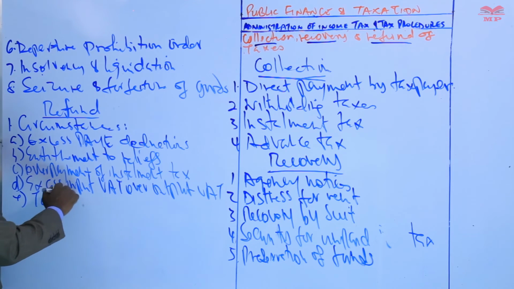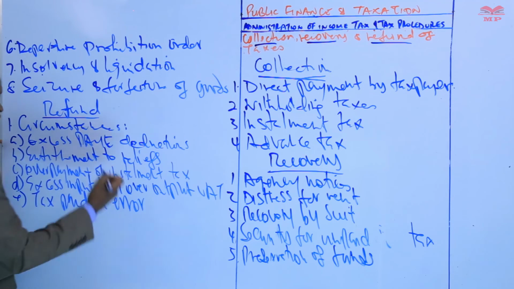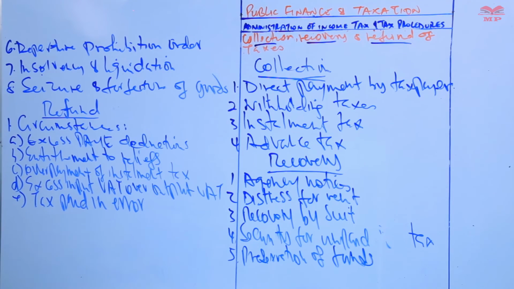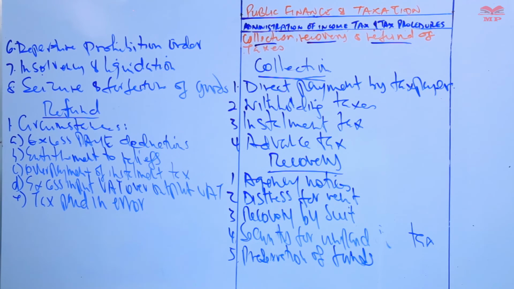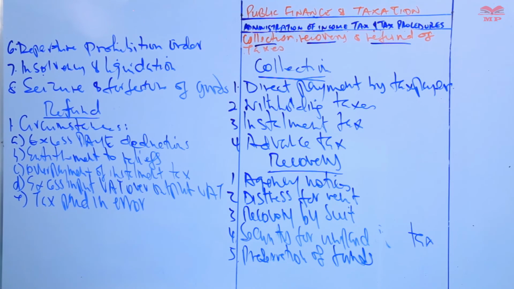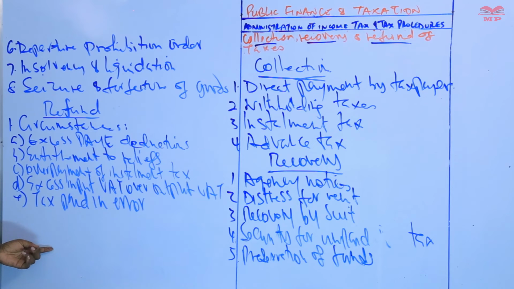Tax paid in error can lead to overpayment. So that is very important to note under refund. These are the circumstances that can lead to overpayment of tax.